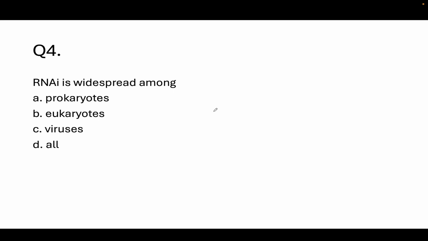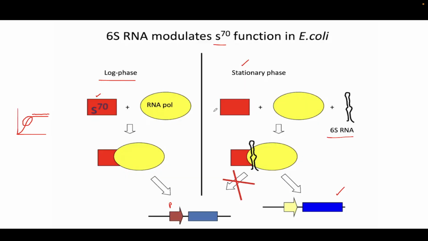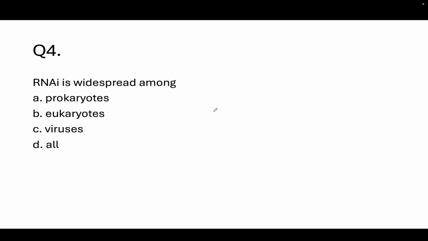RNAi is widespread among prokaryotes, eukaryotes, viruses, and all. Which one is it? RNAi, that is RNA interference. Just a few minutes before we talked about RNAi, how this antisense mechanism regulates the expression of a particular gene.